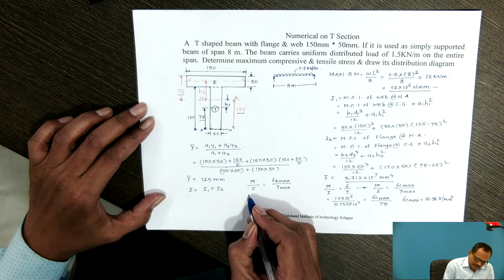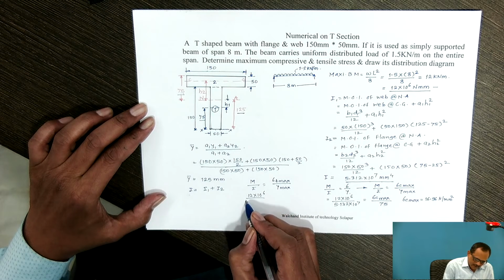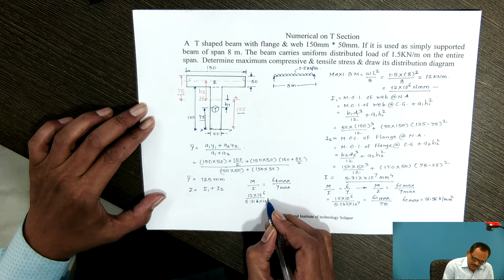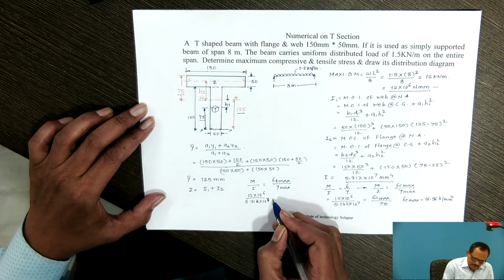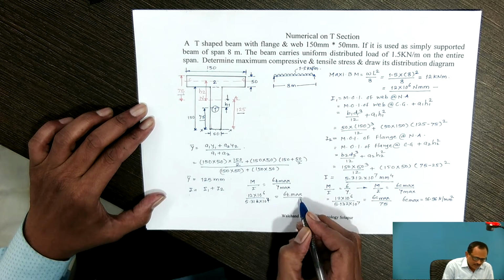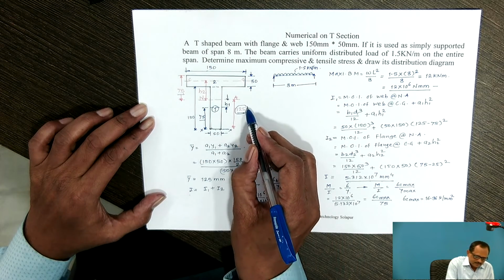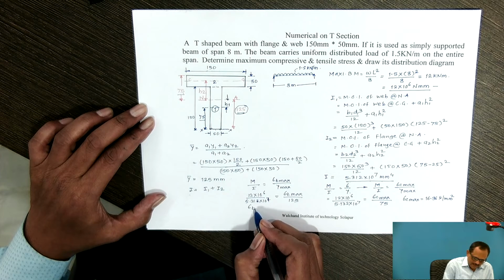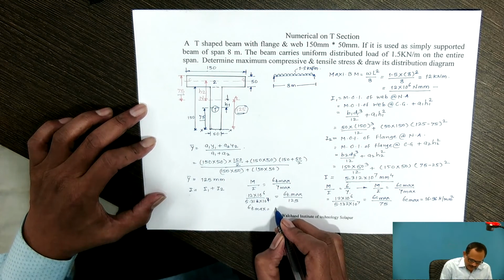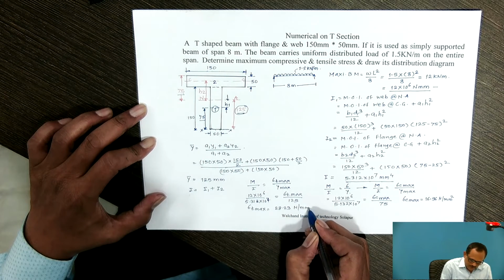Therefore, putting the value of bending moment 12 into 10 raised to 6 divided by 5.312 into 10 raised to 7 is equal to sigma t max divided by 125, this distance, and therefore sigma t max will be equal to 28.23 Newton per mm square.